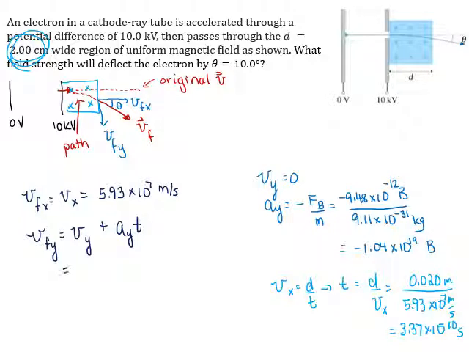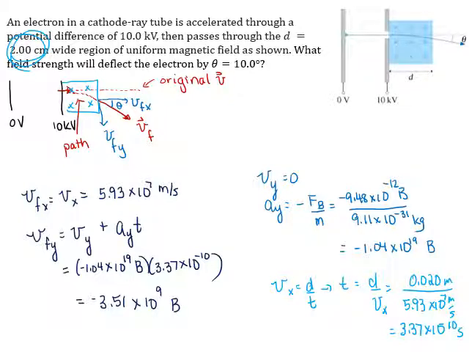Our Vfy is 0 plus minus 1.04 times 10 to the 19 times the strength of the magnetic field times 3.37 times 10 to the minus 10 seconds. That gives us that our y component of final velocity is minus 3.51 times 10 to the 9 times the strength of the magnetic field.